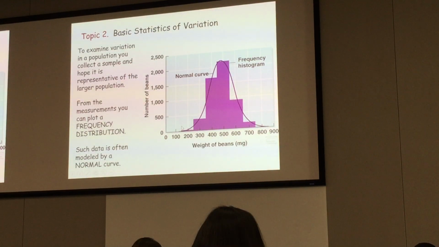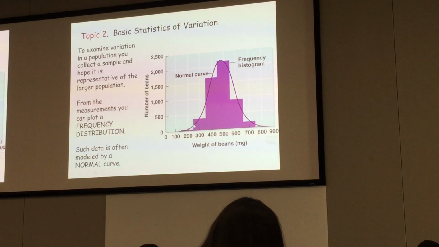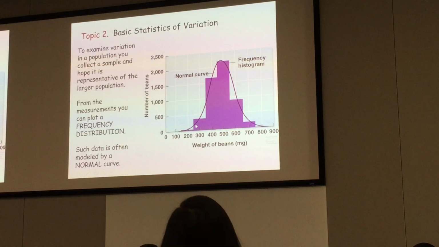And in quantitative genetics, we ask ourselves, what's responsible for a phenotypic distribution like this? And part of the answer is the collection of alleles in the organism that is giving rise to these beans is a little different here compared to here. So you're producing a little bit smaller beans because of the alleles you have, or a little bit larger beans because of the alleles you have, or something in the middle.